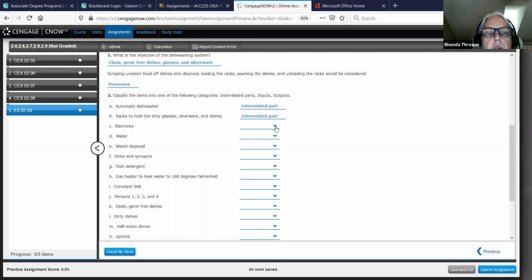Now, before we can get the dishwasher to work, we have to put some electricity to the dishwasher, and that's going to be considered an input. Our water, before we can get the dishes washed, has to be put into the dishwasher. That too is an input.